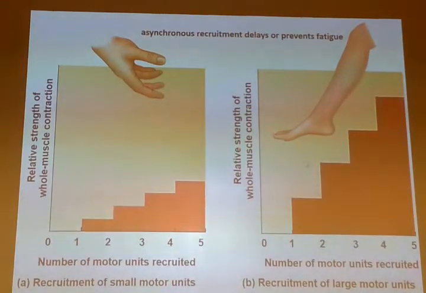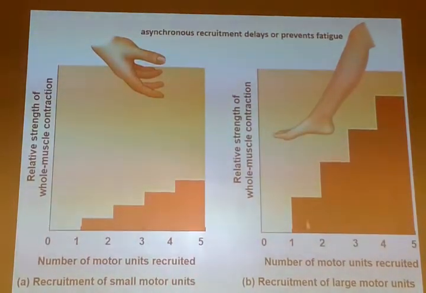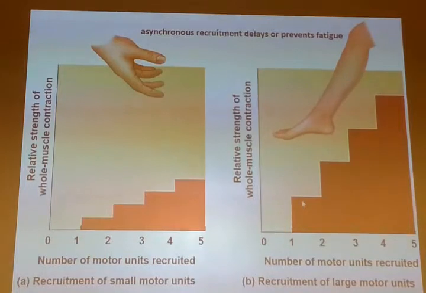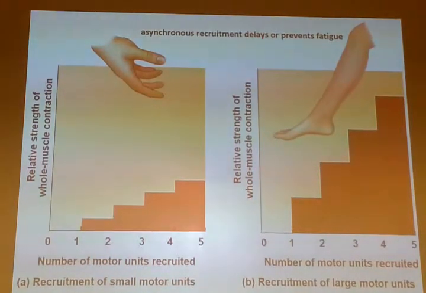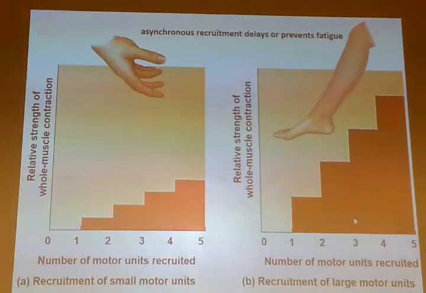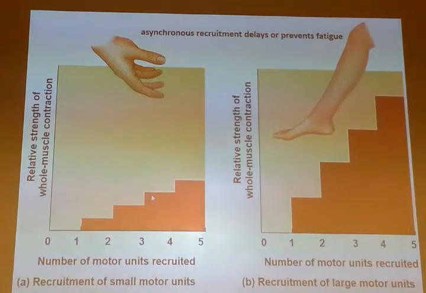When you're using your leg muscles, then the amount of power generated by each motor unit is larger, but you're not going to get the precision with these large motor units. So relative strength: large motor units, more power output, but less control, less precision. Smaller motor units, less power, but more precise movement.